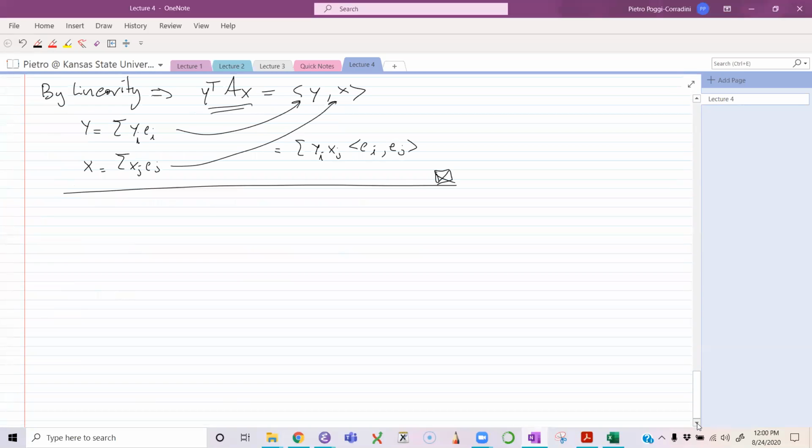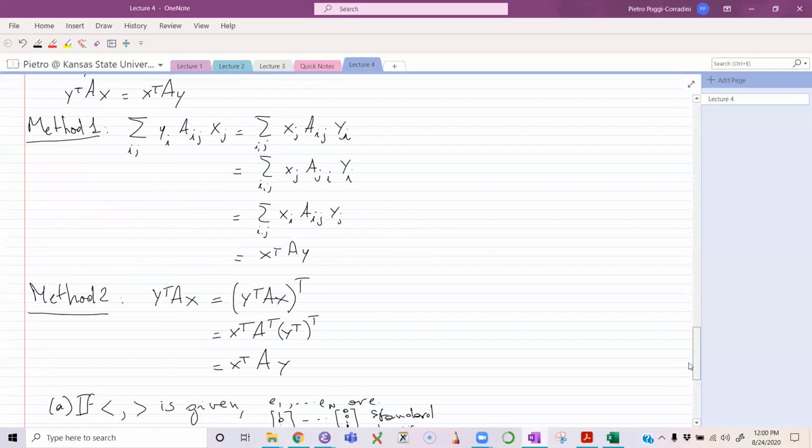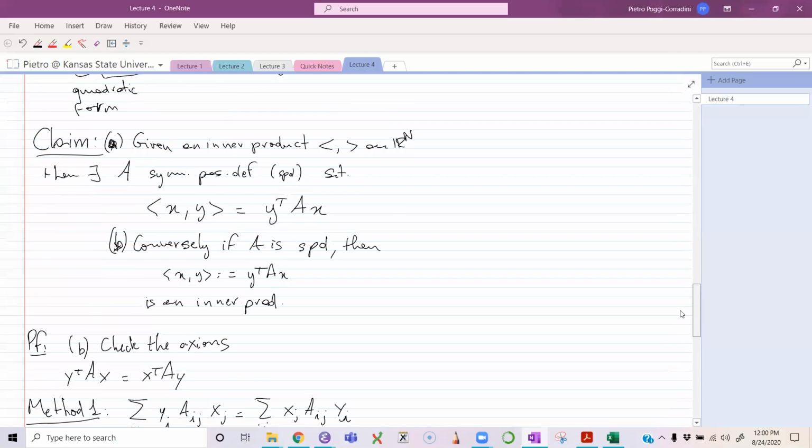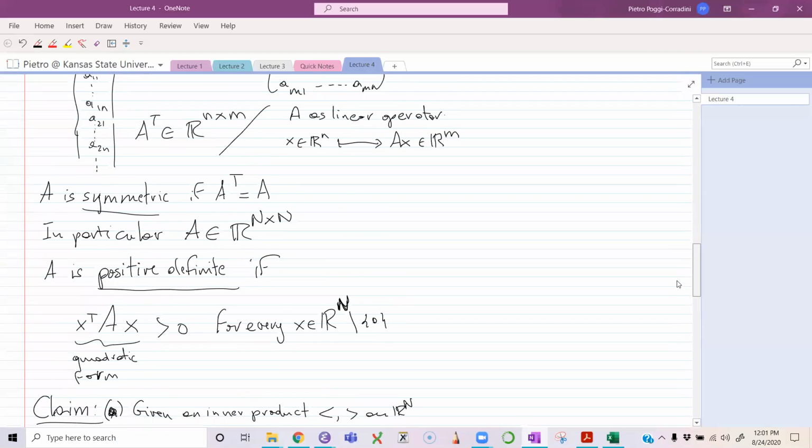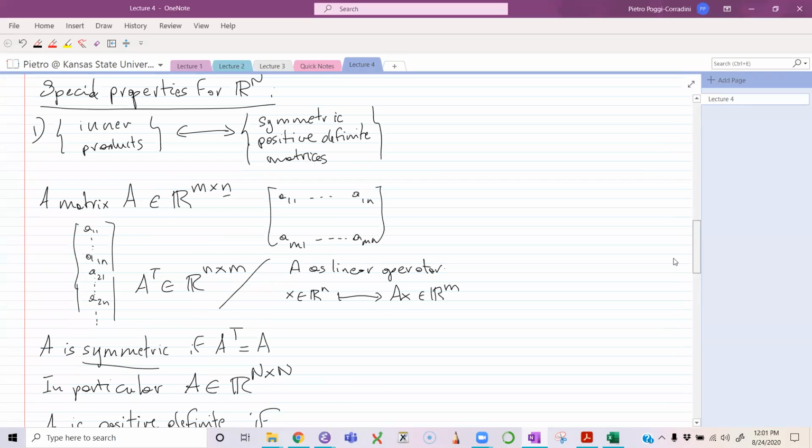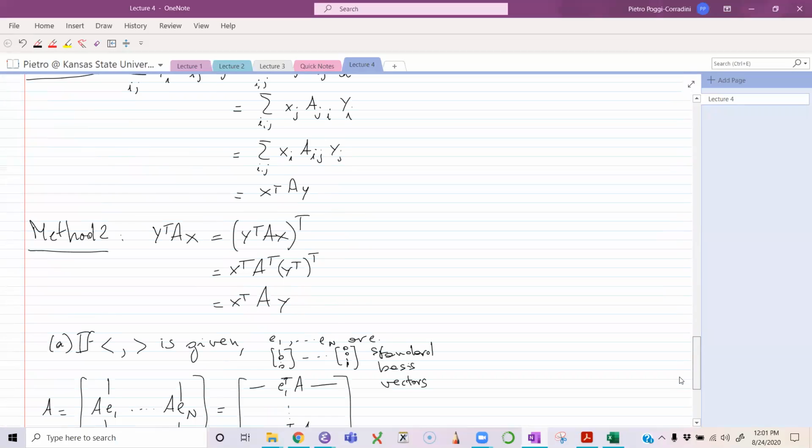All right, and what is another special property of R^n? What did I call the first property? The name? The claim. Oh, 1. Okay, so 2.